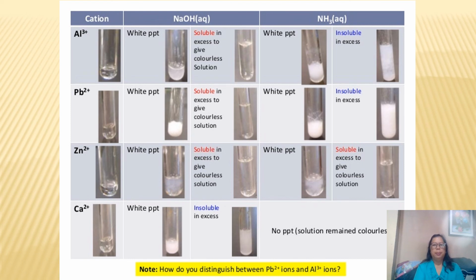For its reaction to ammonia, you have white precipitate if aluminum is present, and white precipitate also for lead. In this case, white precipitate is immediately formed, but upon the addition of excess, it will yield a colorless solution.